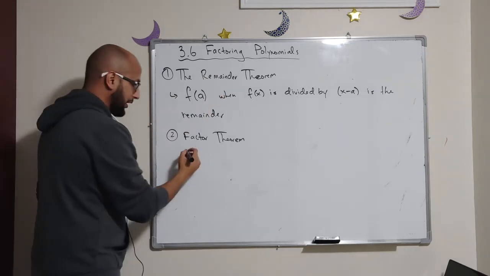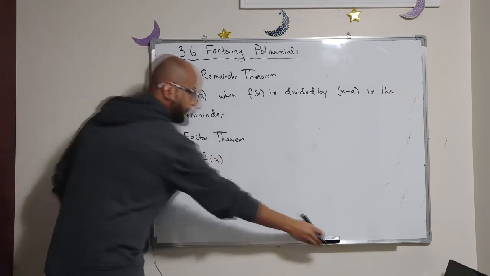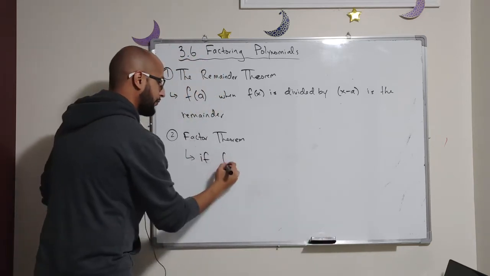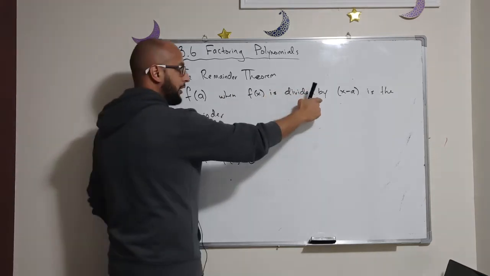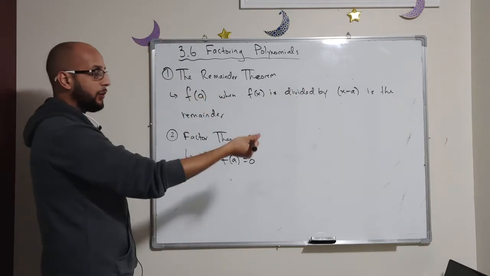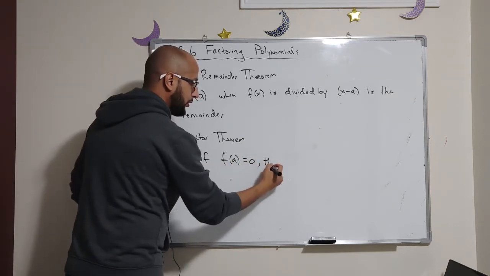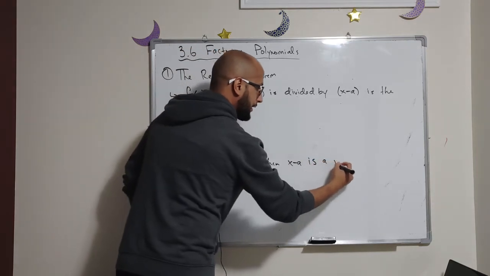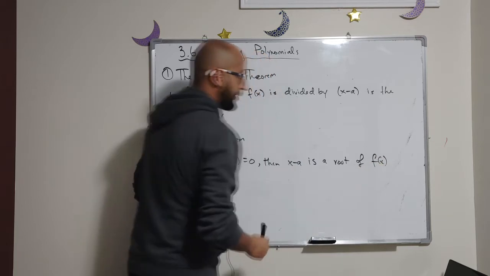The factor theorem states that if f at a is equal to 0, so same thing that we talked about here, if you plug in a number and the y value is 0, so if f at a is equal to 0, then x minus a is a root of f at x.